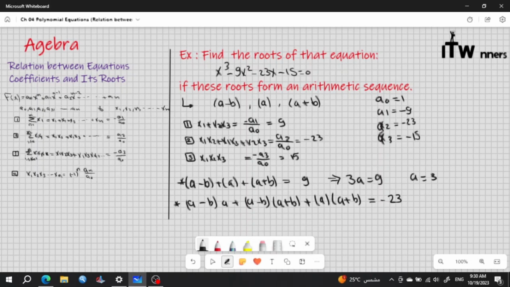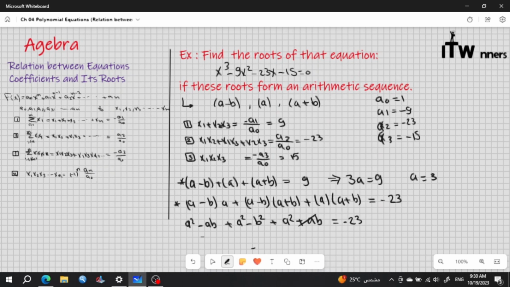So we have a² − ab + a² − b² + a² + ab equal to −23, and combining, 3a² − b² equal to −23.